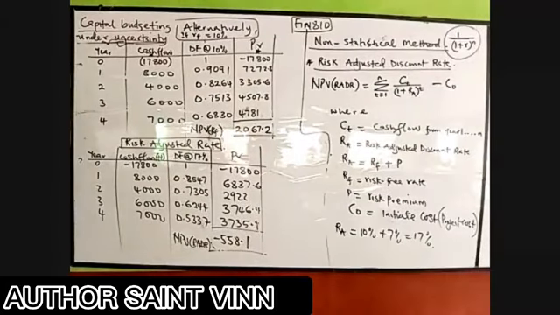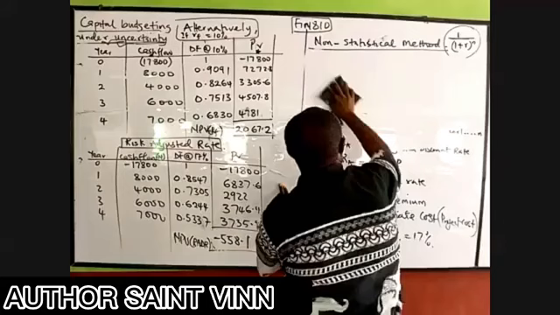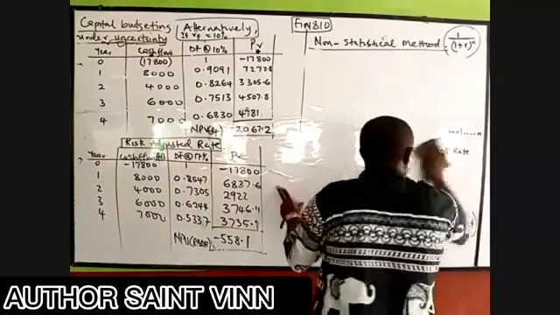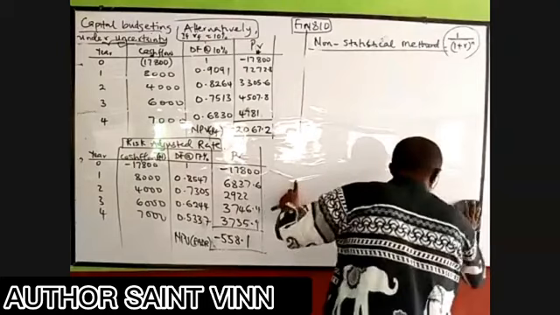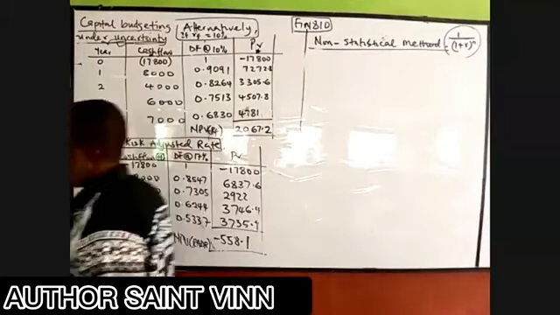This one is gone. Statistical method. We have seen the first one, risk-adjusted.